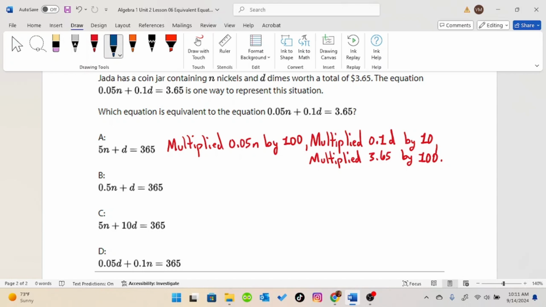Choice B. To go from 0.05n to 0.5n, they multiplied by 10. To go from 0.1d to d, they multiplied by 10.